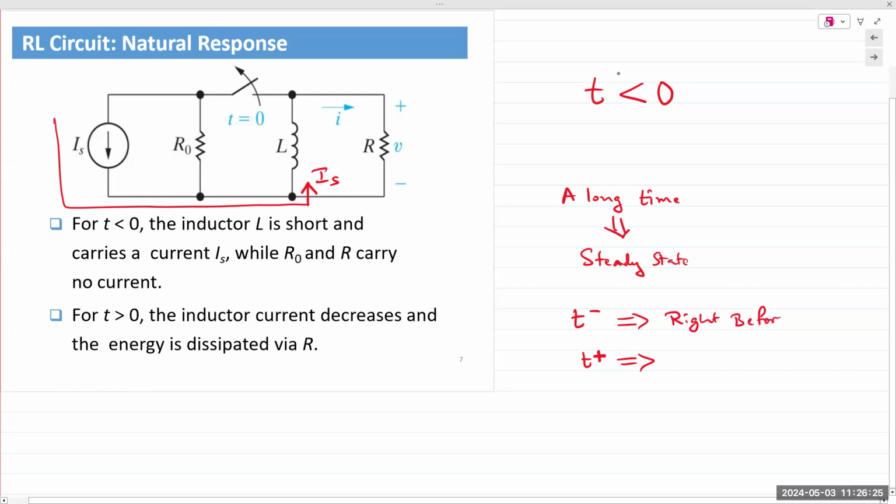It does not have a specific value. It simply is a random time right before, and t plus is right after. Right after is important because that's the point in time at which you're beginning your analysis. Right before will allow you to find the value for the time right after.